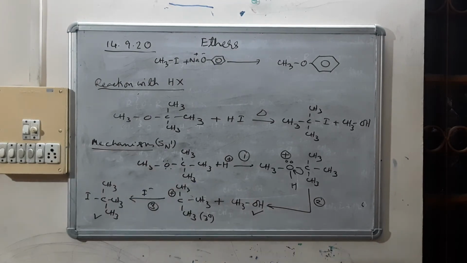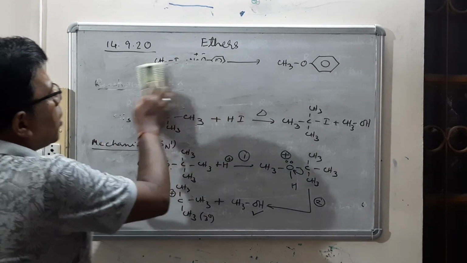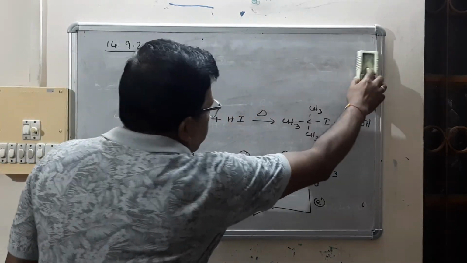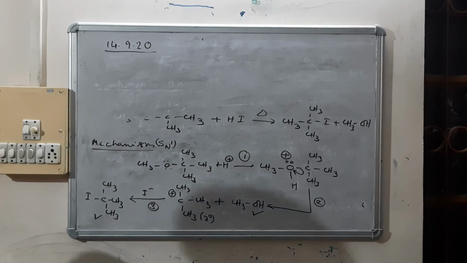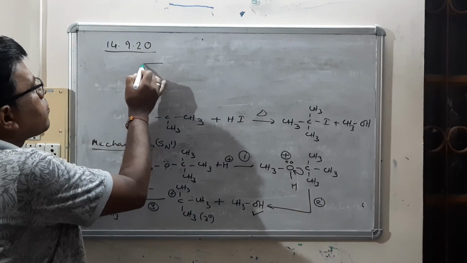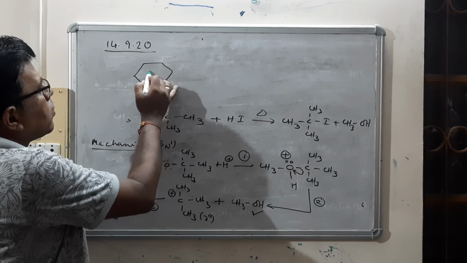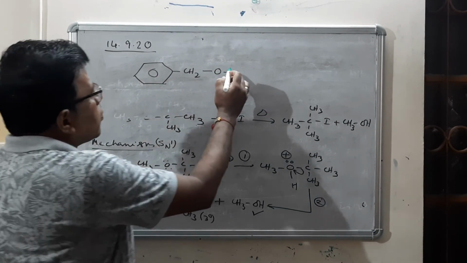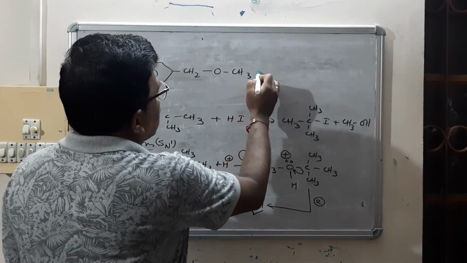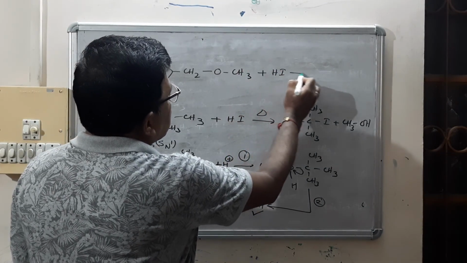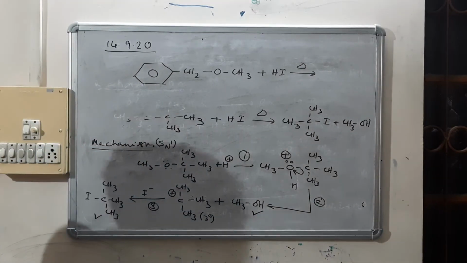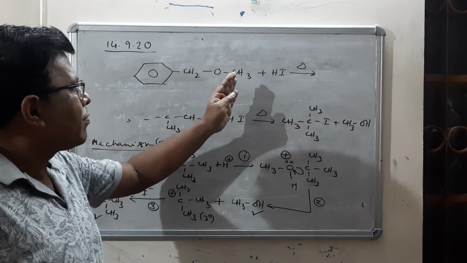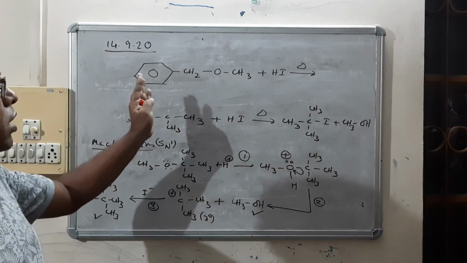So a question here which comes very frequently in exam is to predict the product. Say this case. We are asked to predict the product. So here the answer, I am telling the answer.